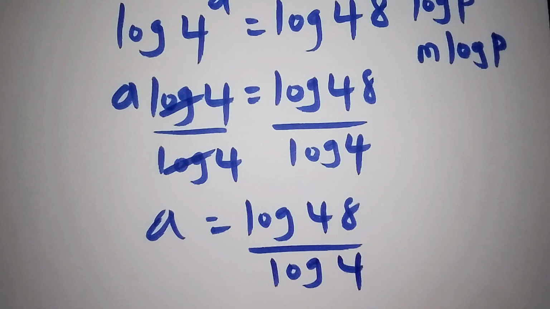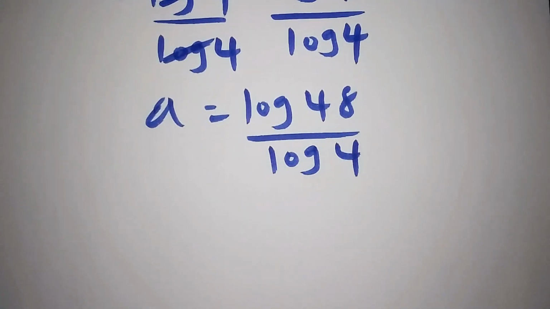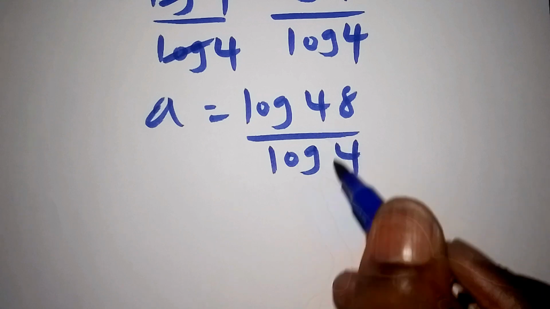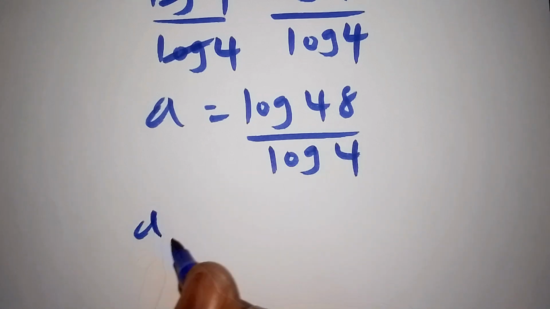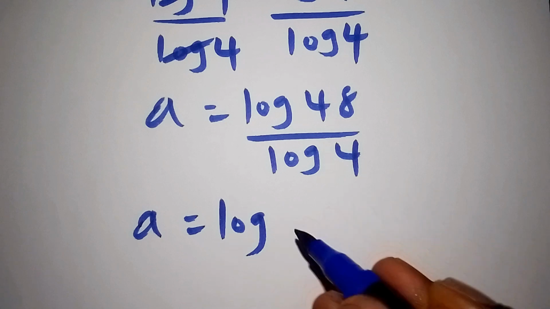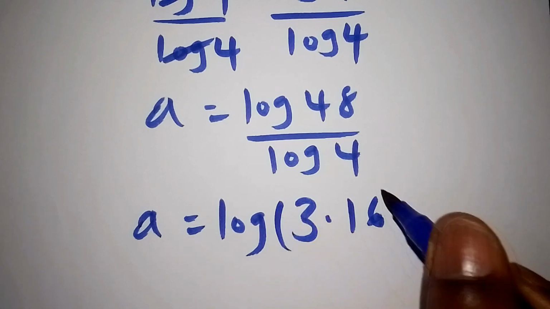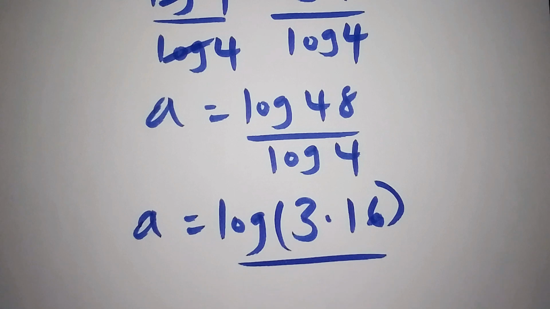From here, let's factorize the log of 48 all over the log of 4. When we factorize, our a equals the log of 48, which can also be written as the log of 3 multiplied by 16, all over the log of 4.